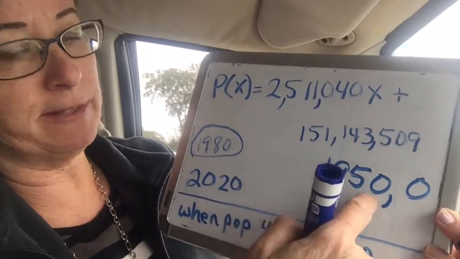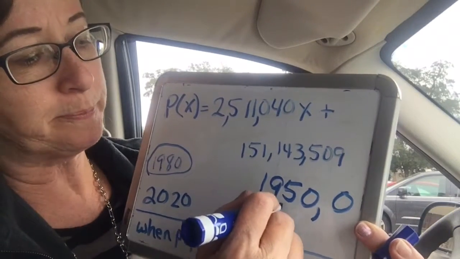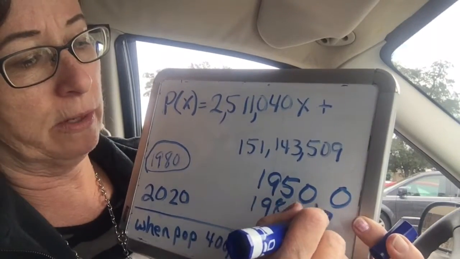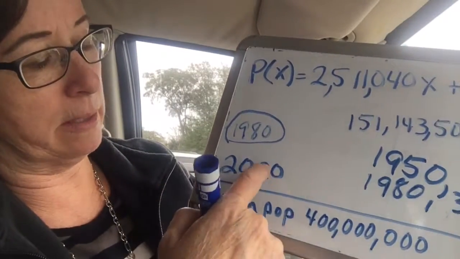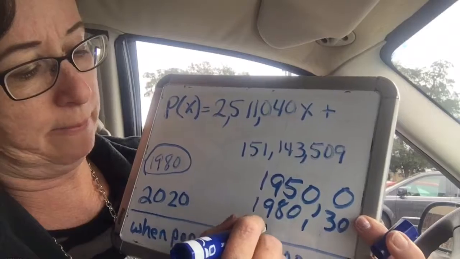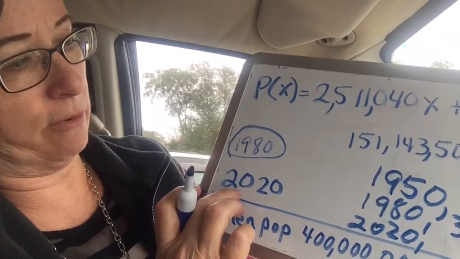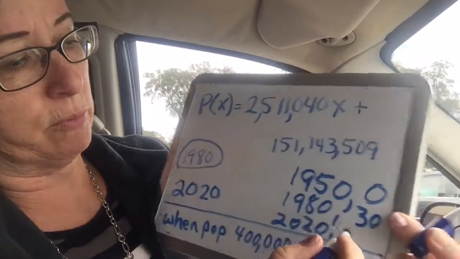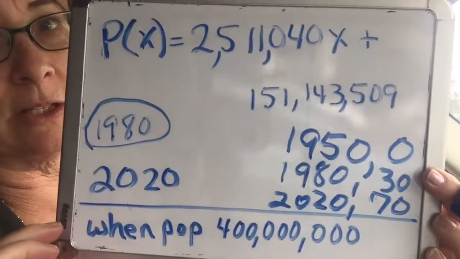Well, if 1950 is our 0 year, then 1980 would be our 30 year. So we're going to model 1980 with a year 30, and we're going to model 2020 with a year what? So from 50 plus 20 is year 70.